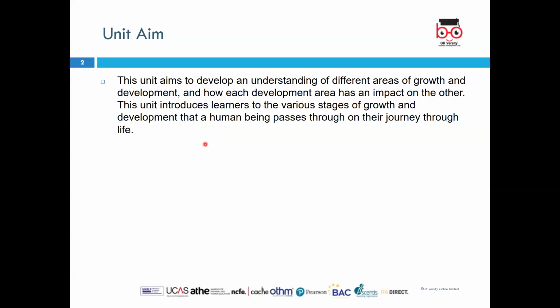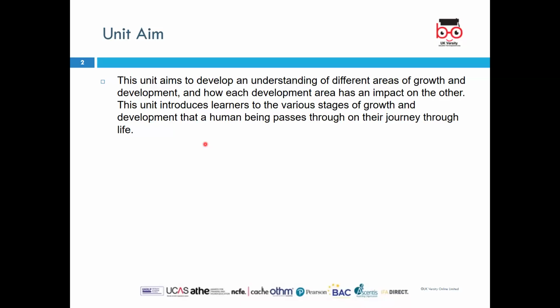We know that there is definitely an impact of one organ on the other, or one part of the body on the other, but how do you measure that impact? How do you understand that impact? And then this unit will introduce you to various stages of growth and development that a human being passes through whilst they're alive.